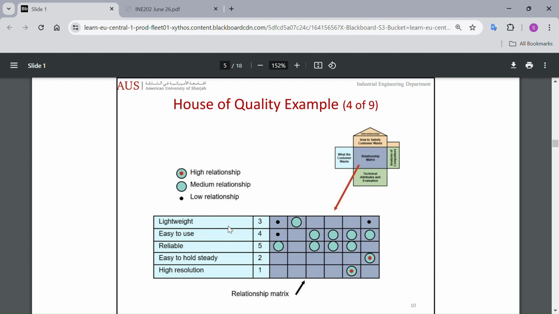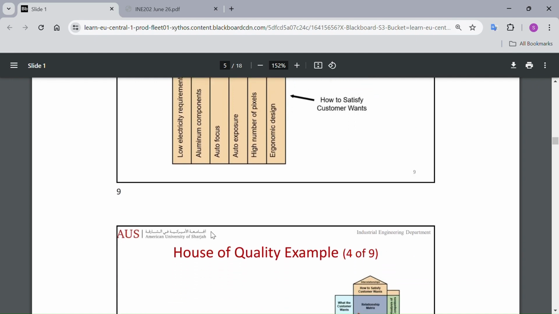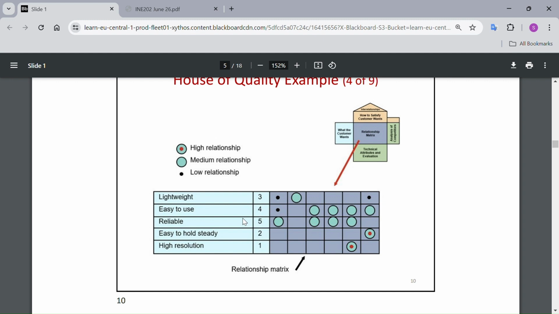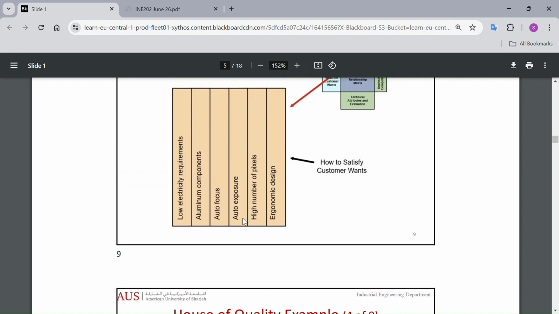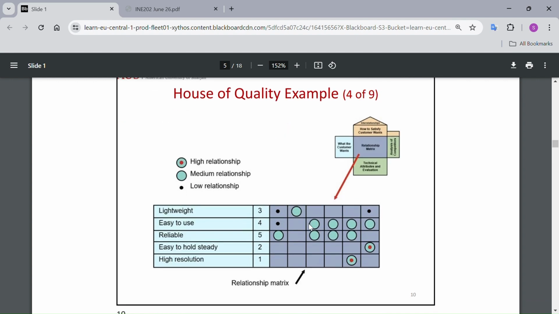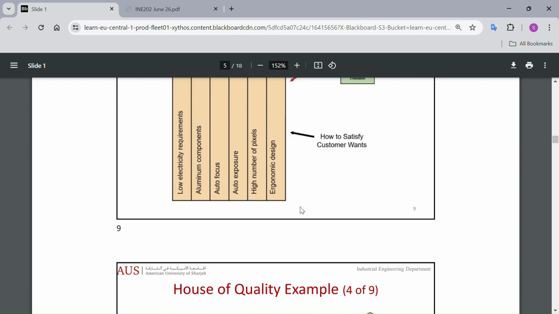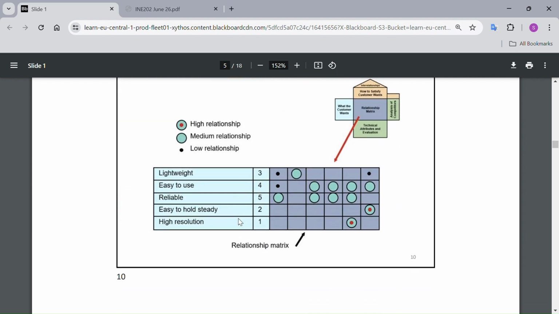It relates the customer wants with the ways that we developed as engineers to meet these needs, and we then assess, based on the customer's wants, how each method of satisfying the customer wants ranks, or how effective it is in meeting the customer needs.